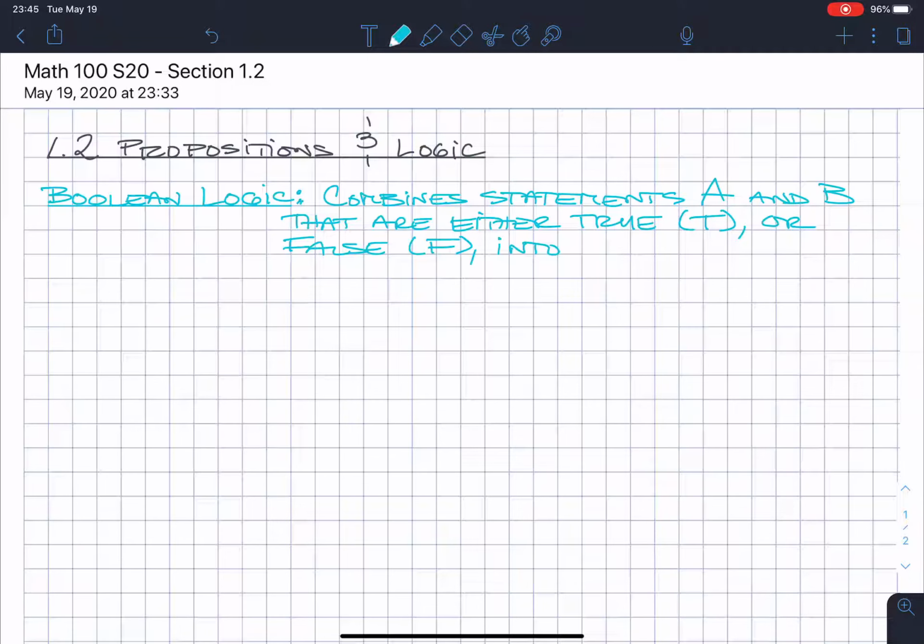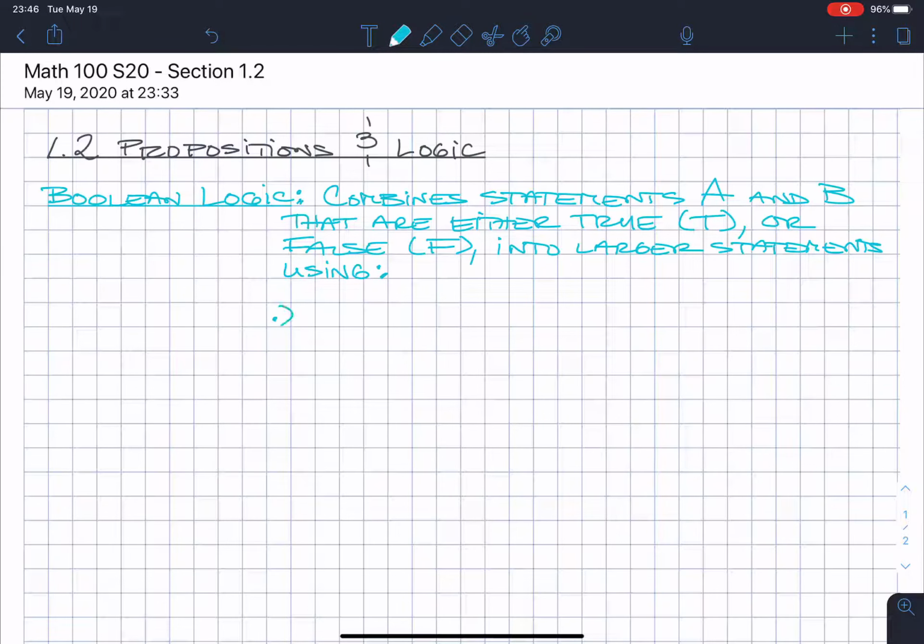Okay, so it combines the statements A and B that are either true or false into larger statements using the following.